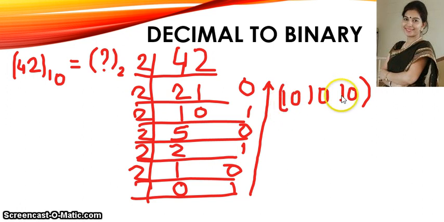This is the binary equivalent of number 42. So 42 in binary number system can be written as 101010 with the base 2.